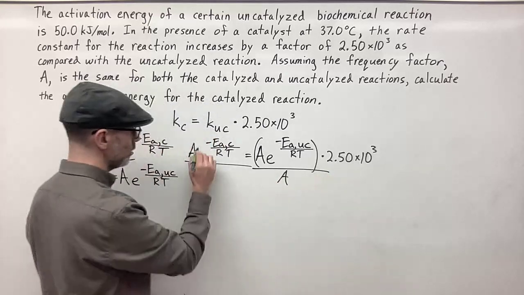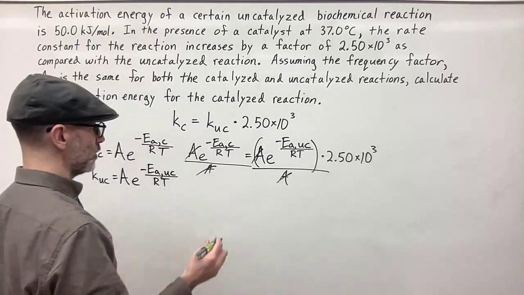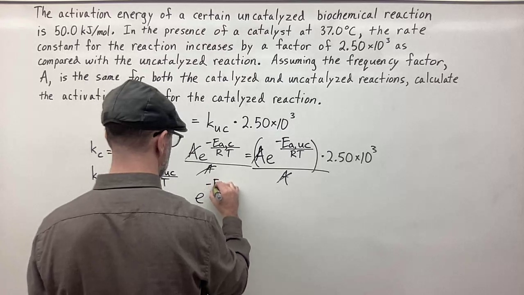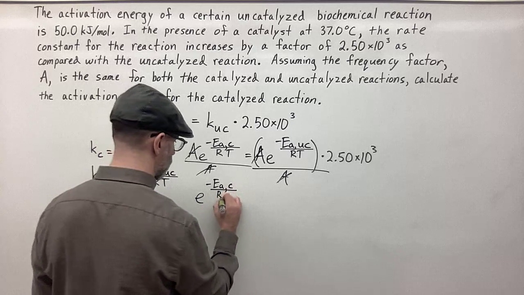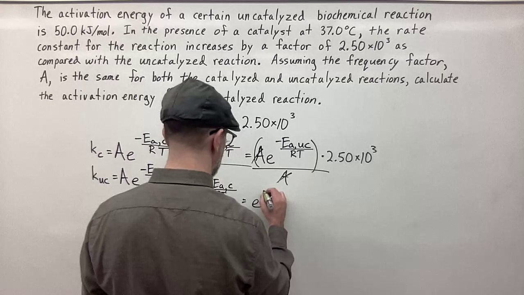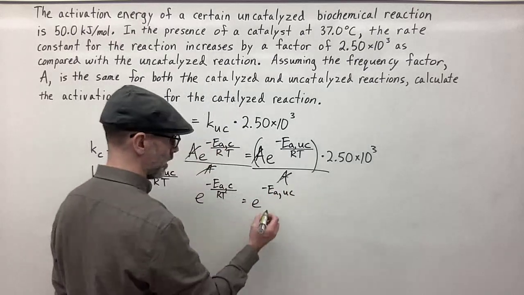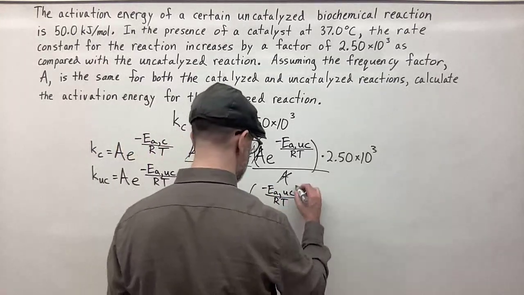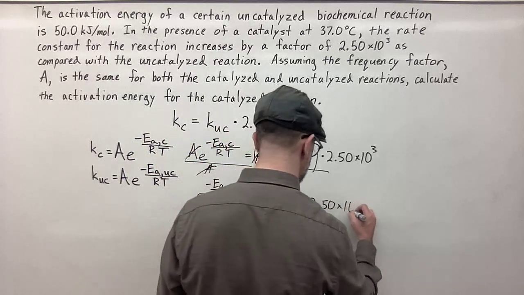A will cancel out because they are the same. And so then I'll have E raised to the power of the negative activation energy of the catalyzed reaction over RT, equal to E raised to the power of the negative activation energy of the uncatalyzed reaction, again divided by RT, and this is multiplied by 2.50 times 10 to the third.